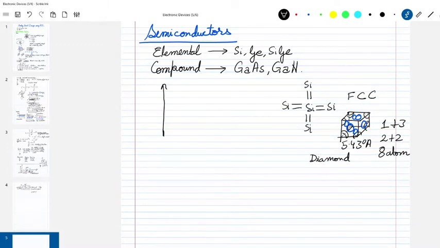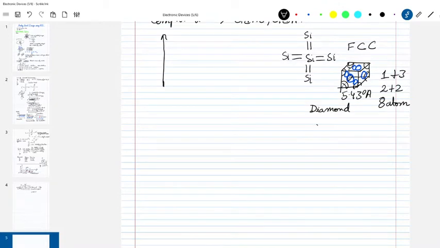Now in the case of gallium arsenide, arsenic is a bigger atom and gallium is a smaller atom, so we are again going to have these 8, 4 of gallium and 4 of arsenic.